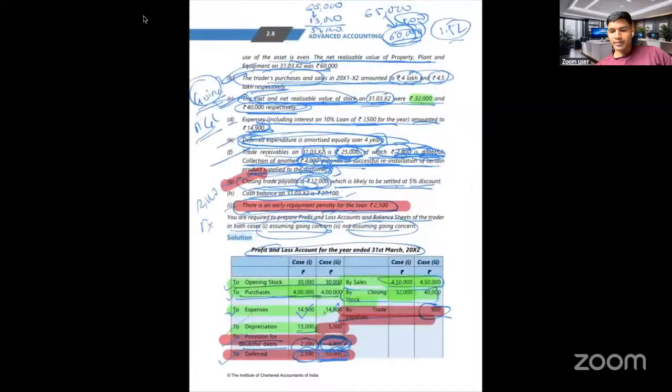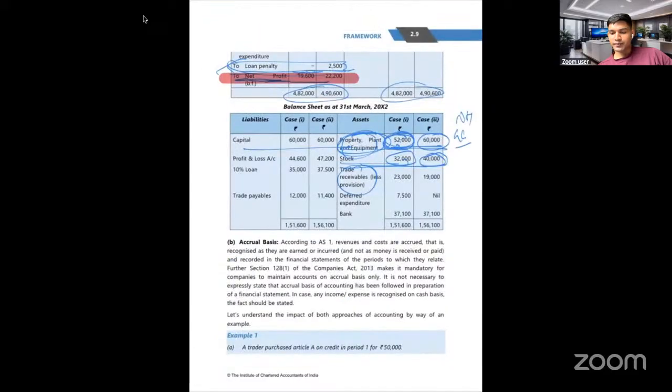So what we have completed over here is the closing trade payables of 12,000, which is likely to be settled at 5%, at 600 rupees. So, profit and loss account, we get 10% of loan in trade payables. We add trade receivable less provision.